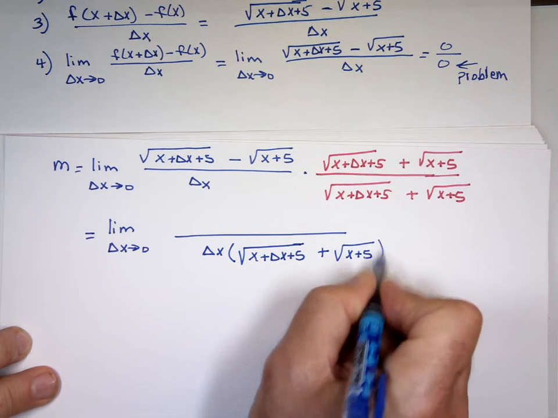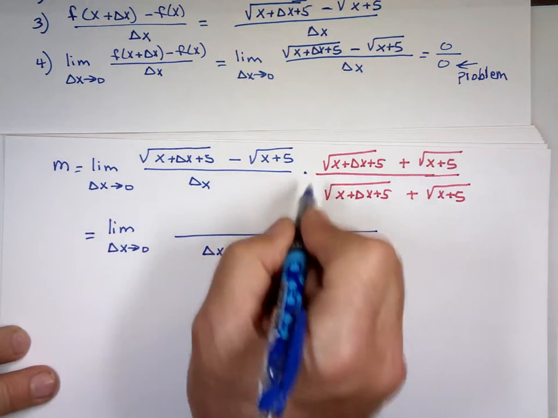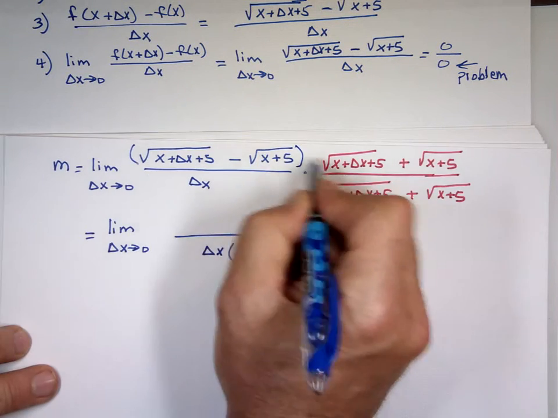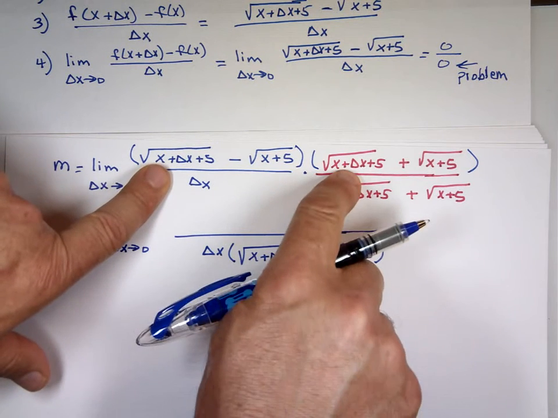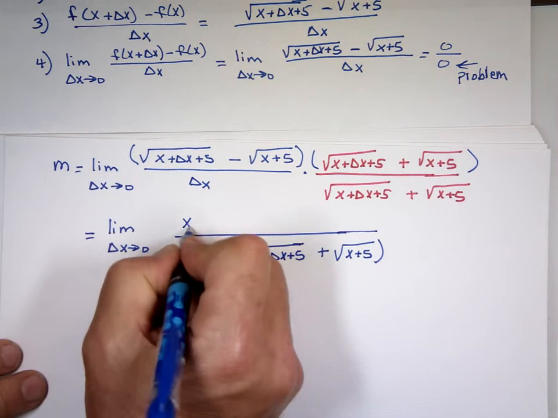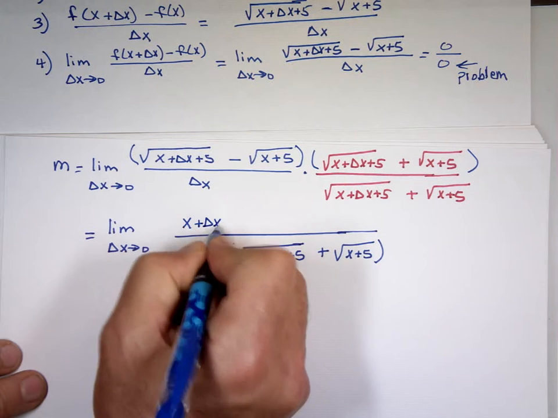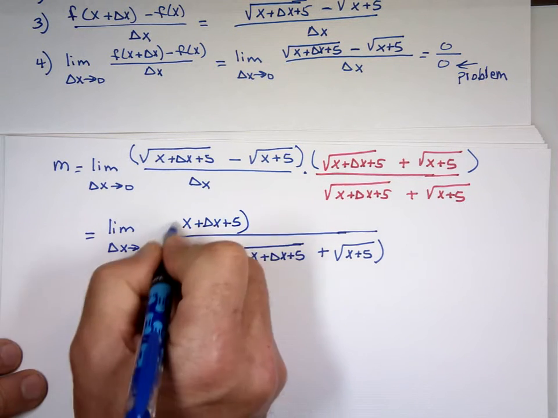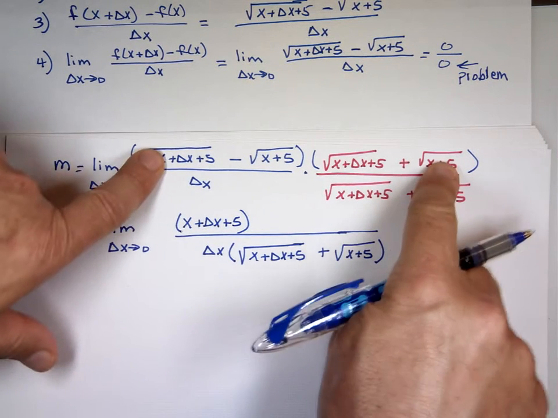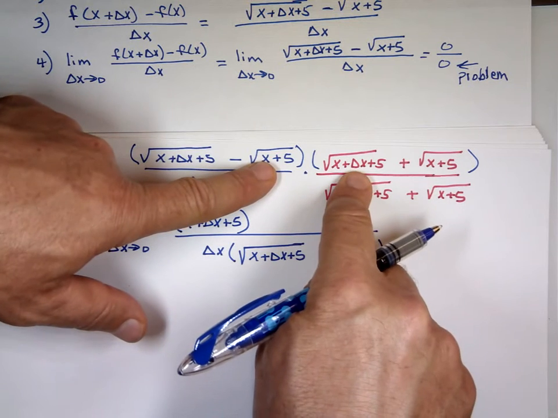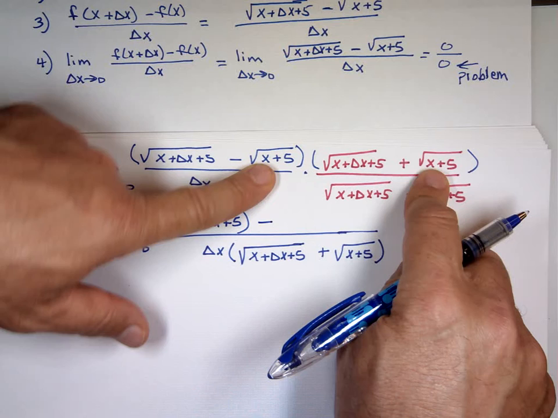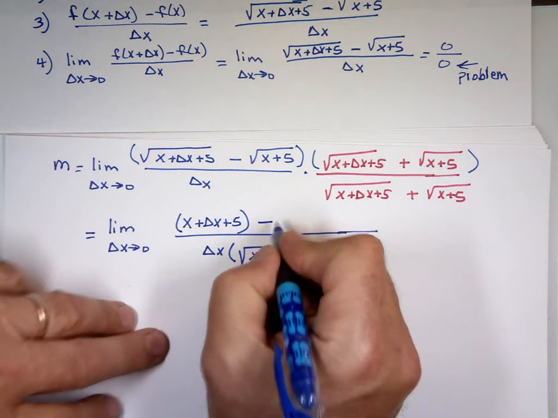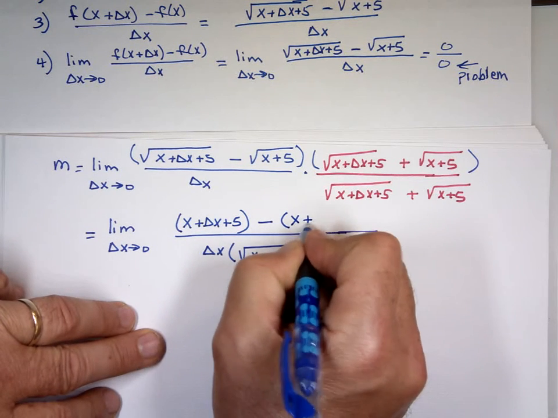On the top, when you FOIL this one out, remember using the FOIL method, the square root of this times the square root of this, it just loses the square root. This times this will cancel this times that, disappear. Minus the square root of x plus 5 times the square root of x plus 5, which is x plus 5.